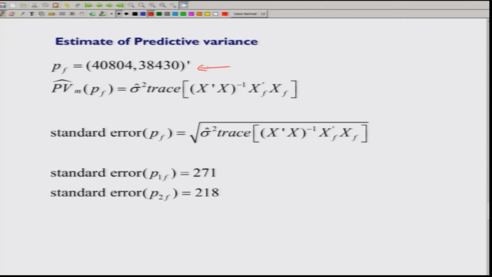In order to calculate the standard errors, you may recall that we had obtained the predictive variance like this, and once I substitute the values of x1f, x2f and the earlier given values of the X matrix, we obtain the standard error of the first forecasted value as 271 and the standard error of the second forecast as 218.